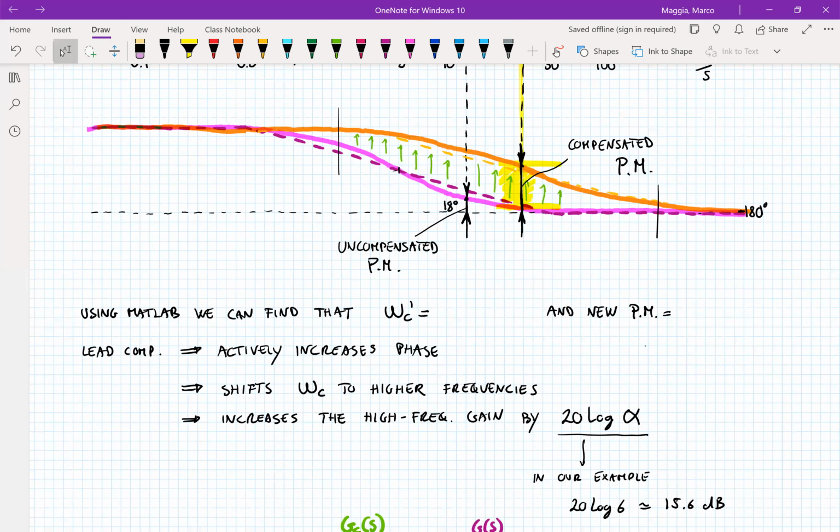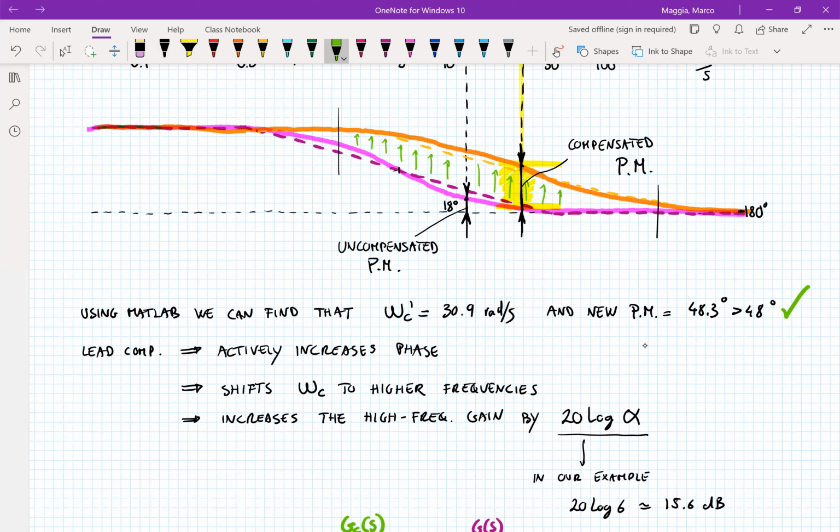So once again, here I've used MATLAB to do so. You can follow the instructions that I told you last time. So you right click on the plot, select characteristics, and then phase margins or all margins. So you'll see that the new crossover frequency once again is 30.9 radians per second, and the new phase margin is 48.3 degrees, which is indeed greater than 48.